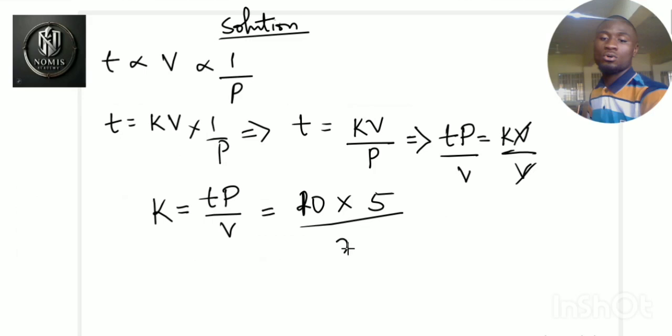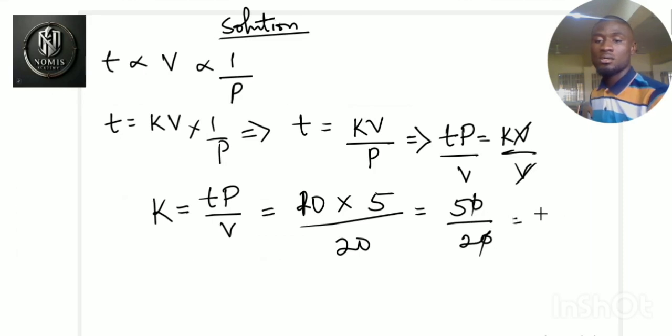So we have 10 times 5, 50, all over 20. The 0 cancels 0, we have 5 over 2, and that's 2.5, or 2 and 1 over 2. So the value of K is 2.5.